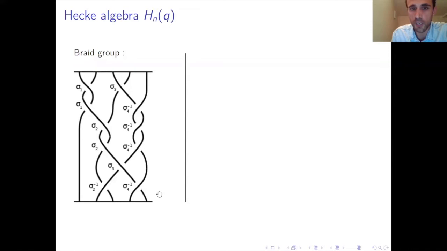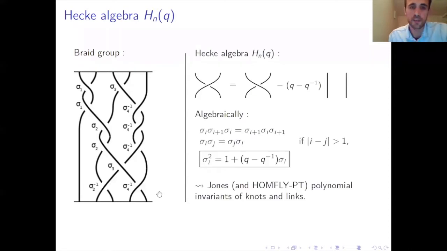But for us, we can understand it very easily in an algebraic way by giving generators and relations. So it's quite easy to see that the braid group, any braid, is generated by elementary braiding. So sigma 1 here, for example, the first strand going over the second one, is the first elementary braiding sigma 1.